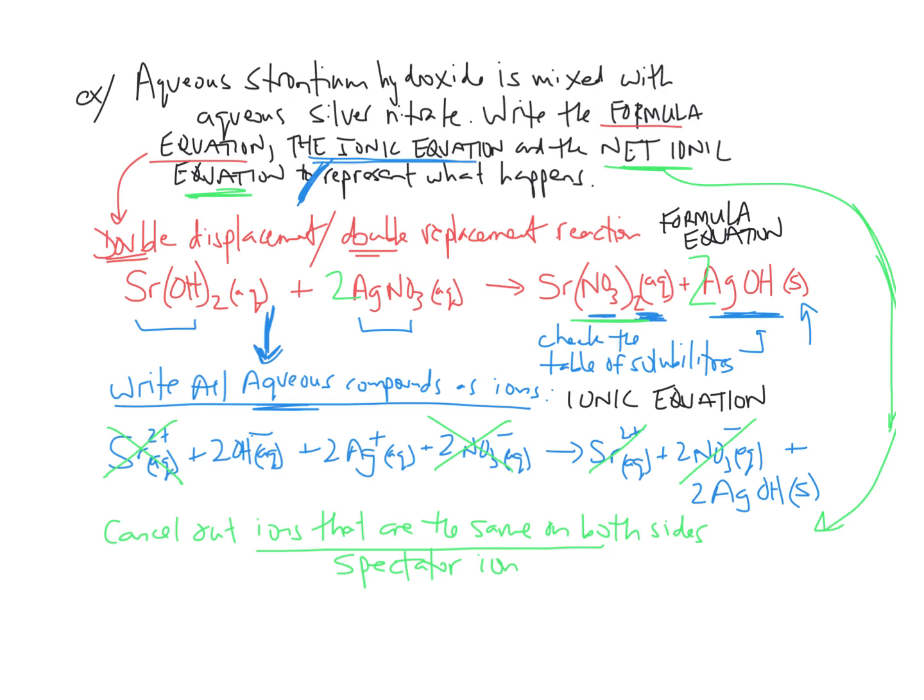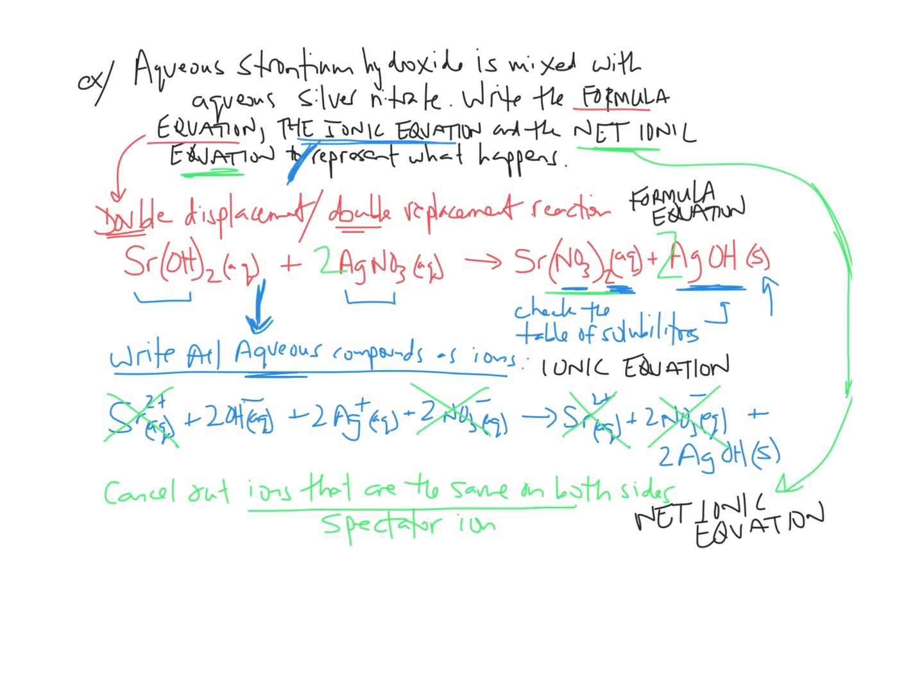These things that are redundant on each side are called spectator ions, and then we'll write the net ionic equation. It only contains the ions and the compounds that are changing their identity completely. So that's going to be the 2 hydroxide aqueous and the 2 Ag+ ions turning into AgOH.